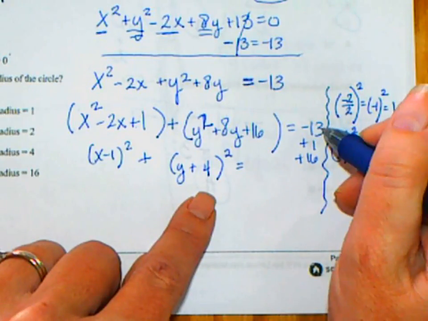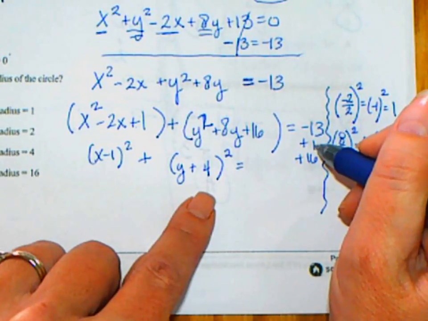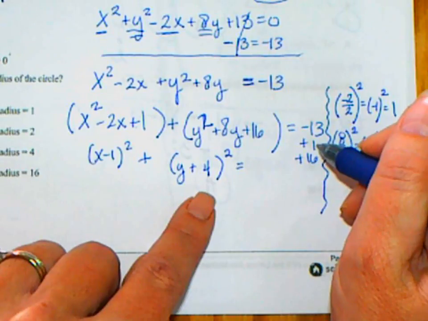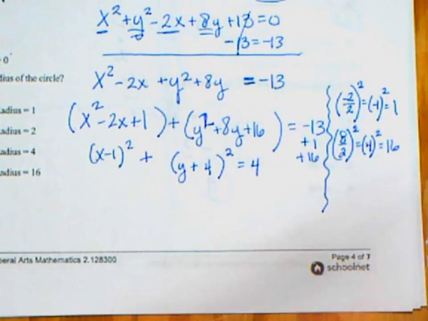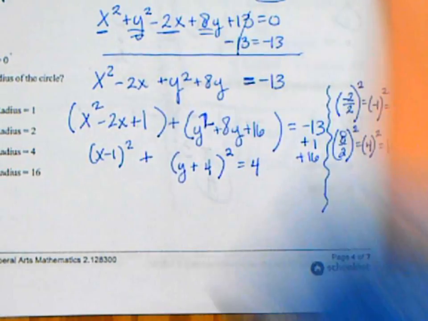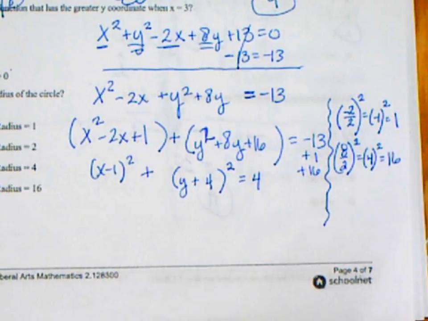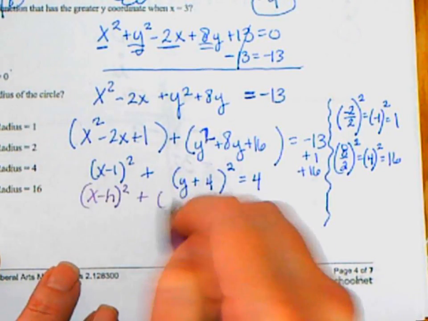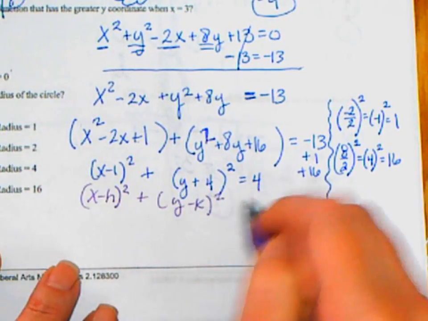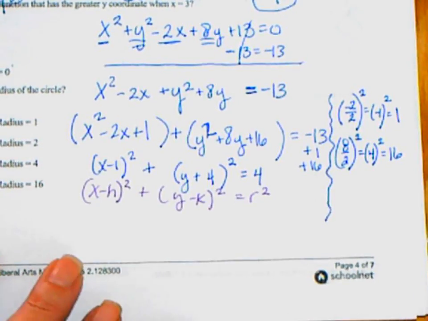Equals negative 13 plus 1 is negative 12. Negative 12 plus 16 is 4. So this is an equation in circle radius form. Remember, x minus h quantity squared plus y minus k quantity squared equals radius squared? But don't you have to change up the signs?